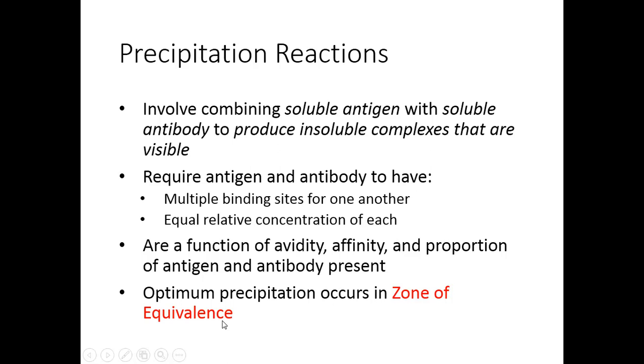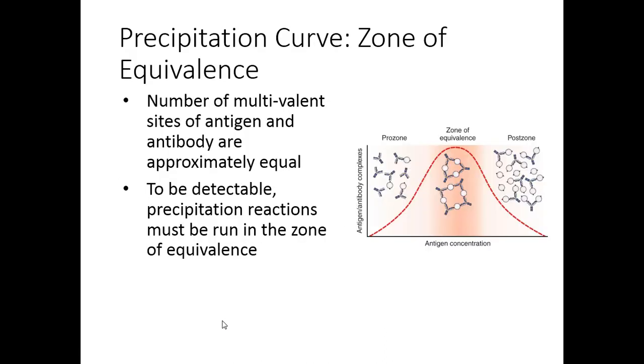Sounds like it's some kind of a crazy thing, but it's really quite straightforward. Because we have multivalent antigens and multivalent antibodies, we have to have them in relatively equal concentration. If we have too much antibody or too little antibody, then the reactions don't take place the way they need to. So let's look at the illustration and see.